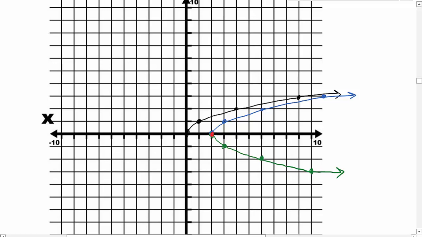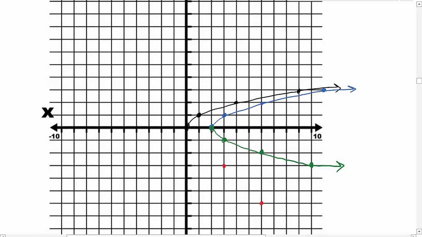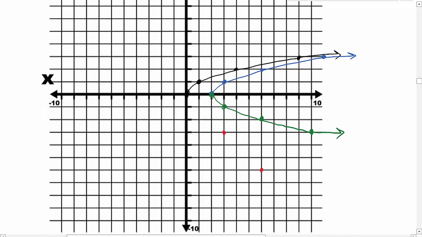Plotting those points. Here's our final graph in red.